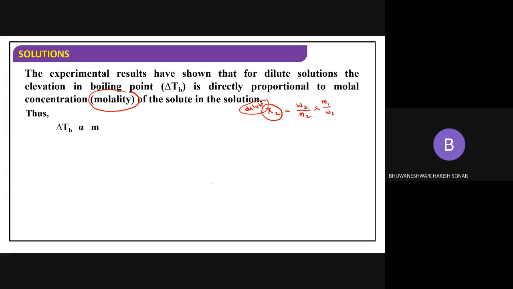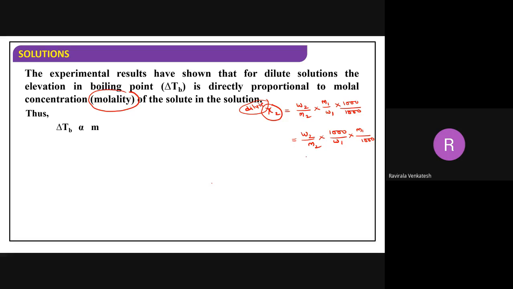Yes, sir. Now multiply this one with 1000 and 1000 here. Does anything happen if I do that? Nothing happens, no? Now, next, W2 by M2 into 1000 by W1 into M1 divided by 1000. Shall I write the formula like this?